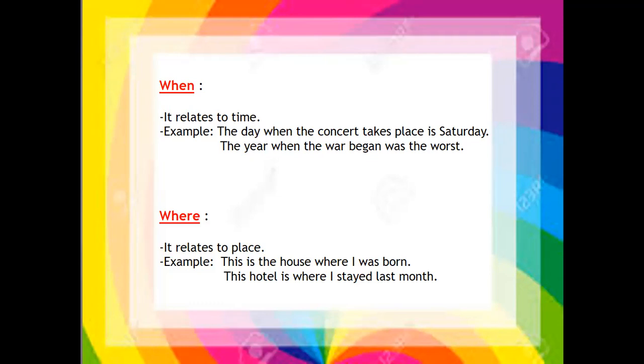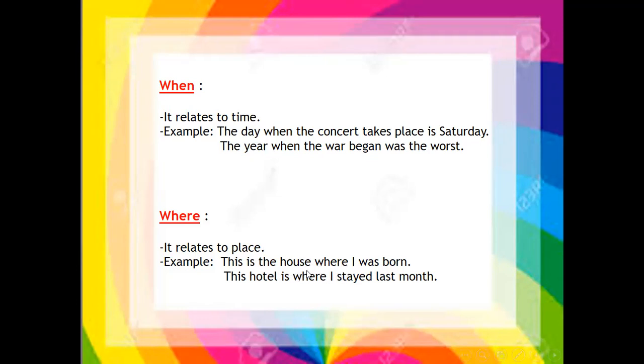And the last one is where, which relates to places, لنحكي عن الأماكن. Like this is the house where I was born. هذا هو المنزل. أنا ولدت في المنزل نفسه. Since I'm talking about the house, we have to use where.